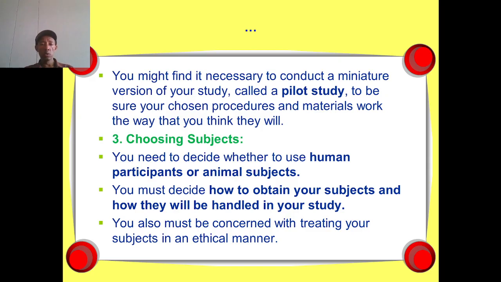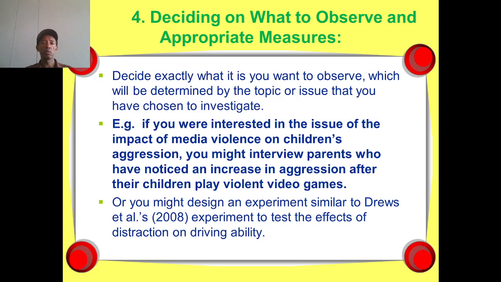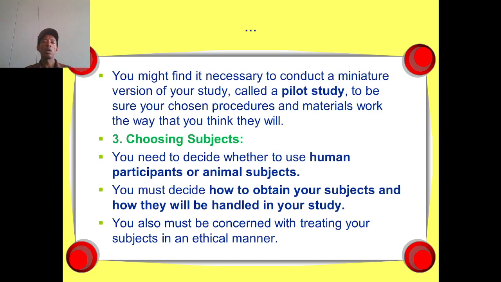So you ask yourself how to obtain your subjects or participants and how they will be handled in your study. There are also ethical considerations. How do you handle your animal or human subjects in an ethical manner when you collect the data and after you collect the data? There are a host of issues on this choosing or selecting subjects.